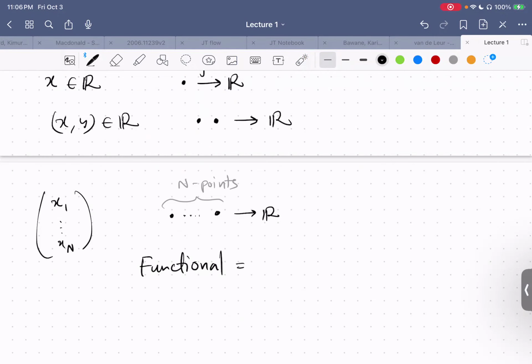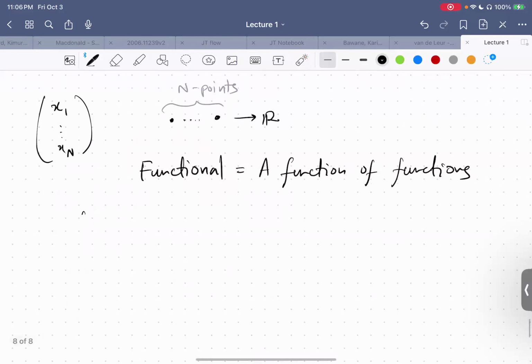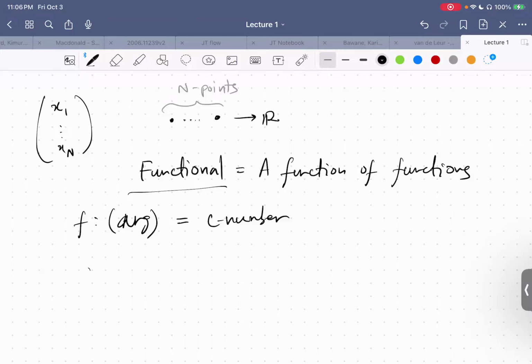A functional is a function of functions. So what is a function? A function is something that if you provide it with an argument, it gives you a number, right? A C number. So a functional, sometimes people denote it by a square bracket.